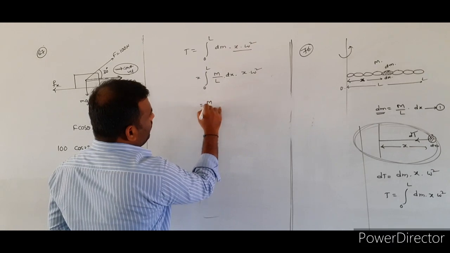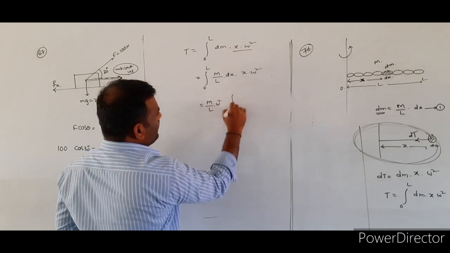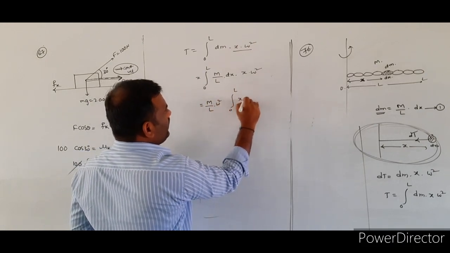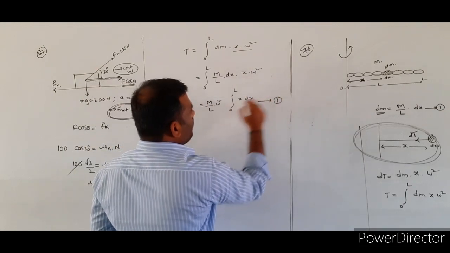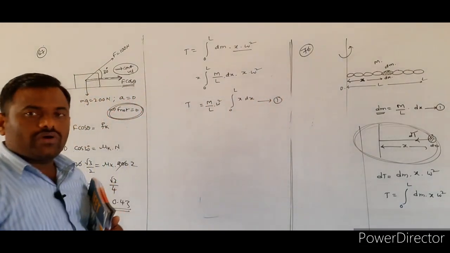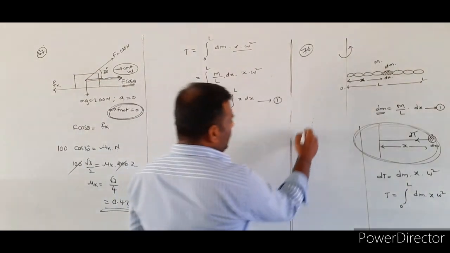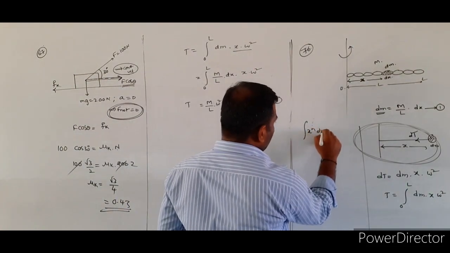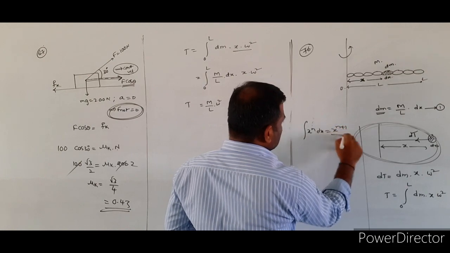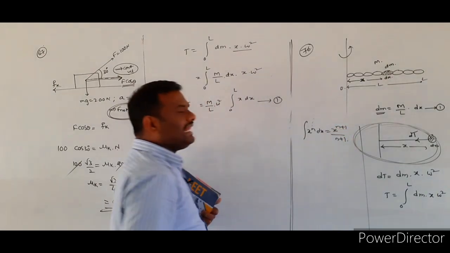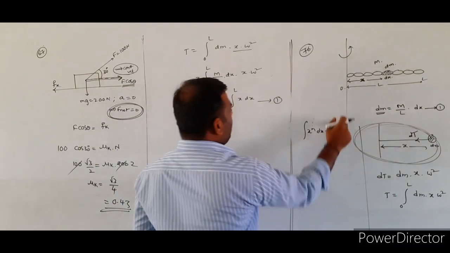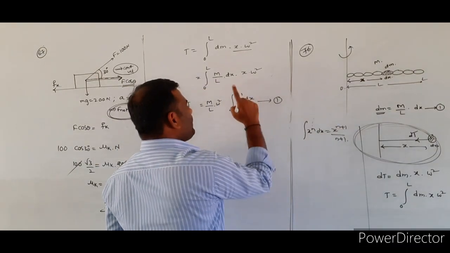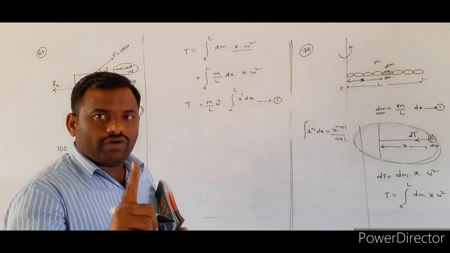So M by L into omega square, integral 0 to L x into dx. So this is the final equation we got here. Integration formula: integral of x power n into dx is equal to x power n plus 1 by n plus 1. So x power, how much value will be there here? 1 will be there.